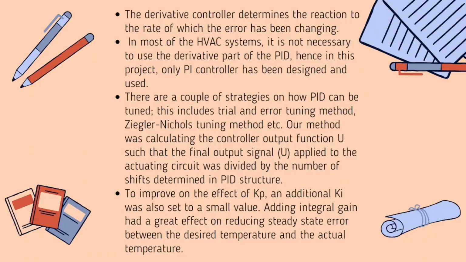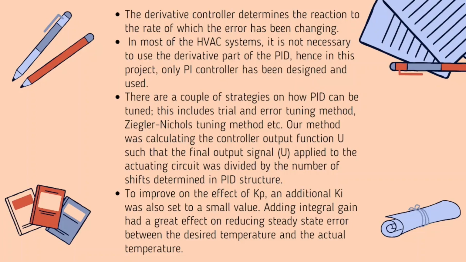These include trial and error tuning method and Ziegler-Nichols tuning method. Our method was calculating the controller output function U such that the final output signal applied to the actuating circuit was divided by the number of the shift determined in the PID structure.